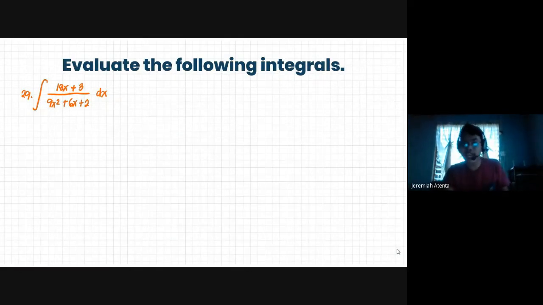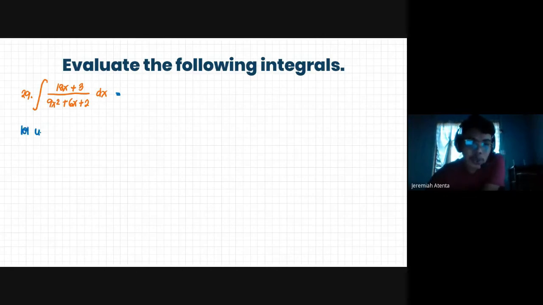Okay, 29, almost the same lang kanina sa number 28. So the same approach lang tayo. So first, we will let u. As you can see, if you will differentiate 9x squared, magiging 18x yan, then we have plus 6. So we will add something sa ating numerator later.